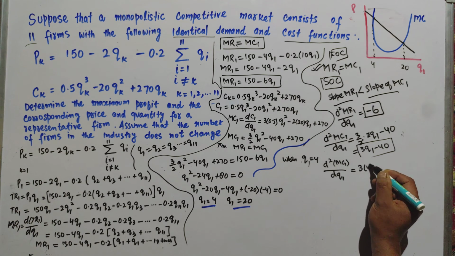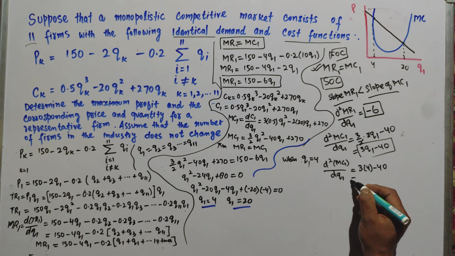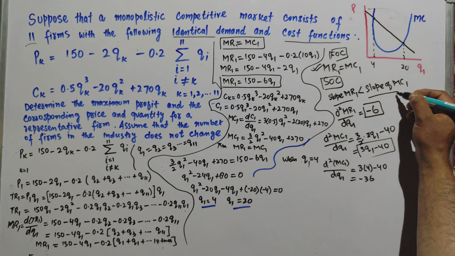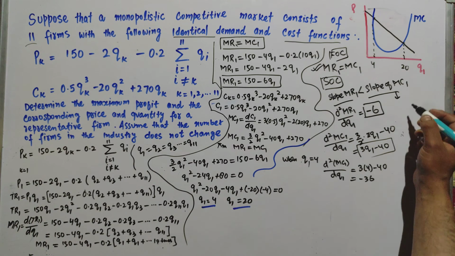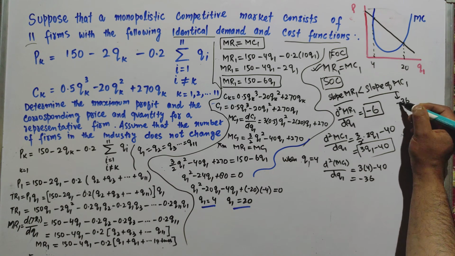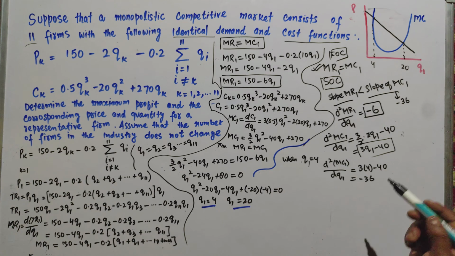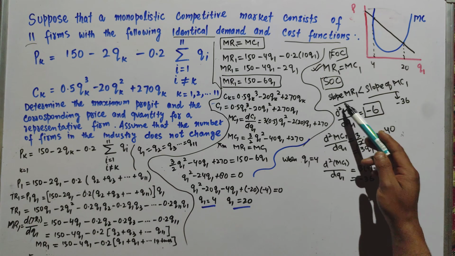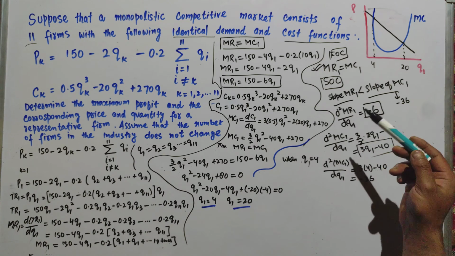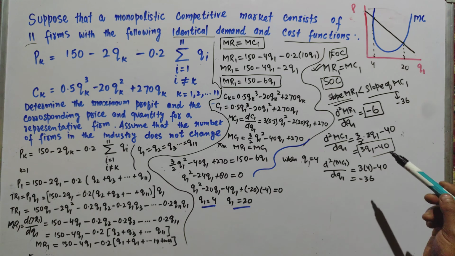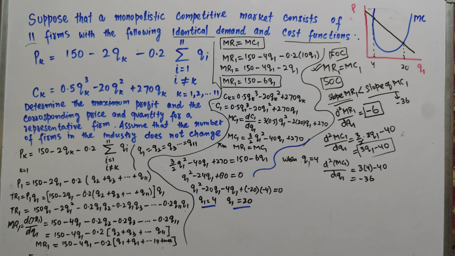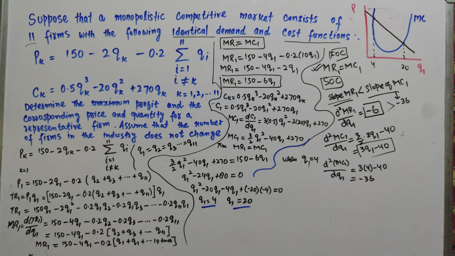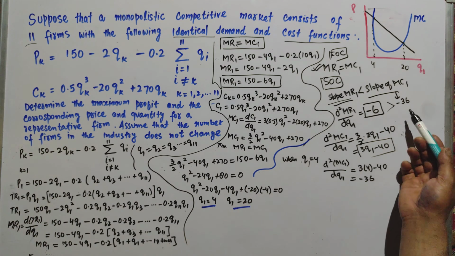We have 3 into 4 in place of q1 minus 40, so 3 4s are 12, which comes out to be minus 28... Okay, so the slope when q1 is equal to 4 comes out to be minus 36. Since the slope of the marginal revenue function is minus 6 and the slope of the marginal cost function is minus 36, and minus 36 is less than minus 6, this cannot be the optimal point.